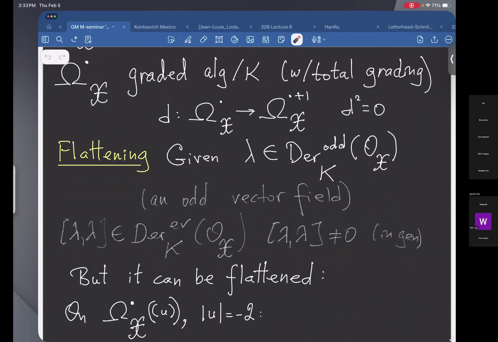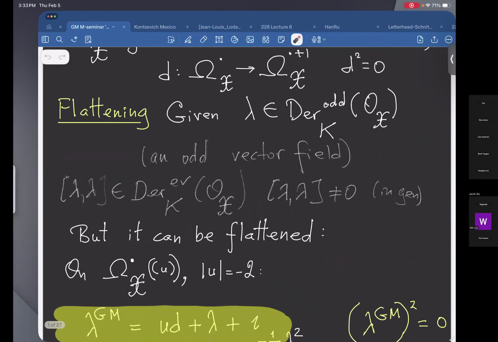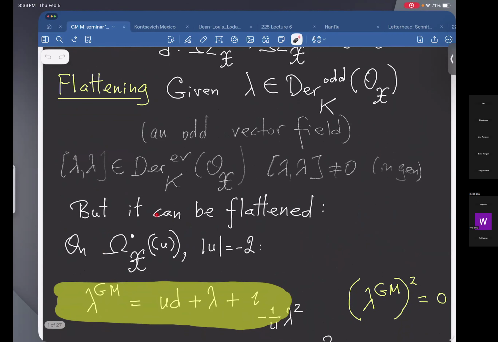But on forms, it can be flattened, and let me do it in a slightly unusual version. Let me introduce a formal parameter u of degree 2, I think of degree -2 if it's homological degree.